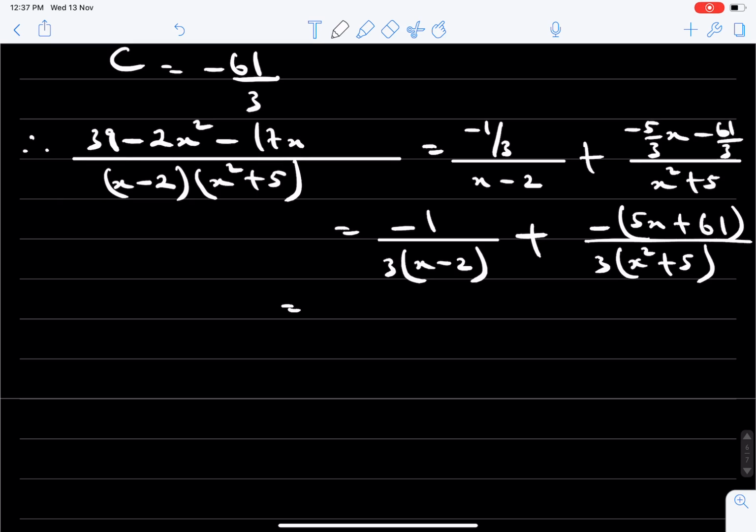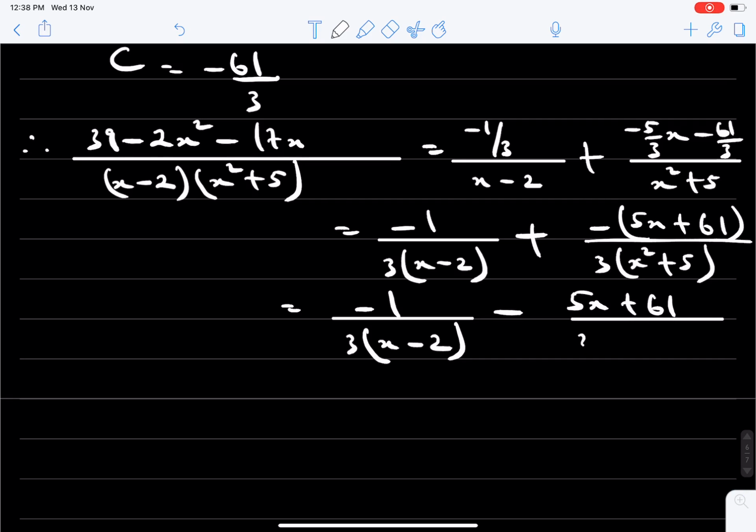And finally, I can write this as minus 1 over 3 times x minus 2 minus 5x plus 61 over 3 times x squared plus 5. That's what the proper fraction split into.